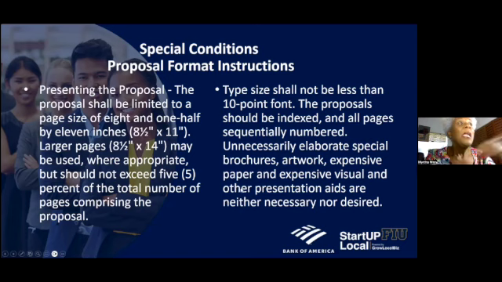It's so important. We have seen proposals that we've received that they put in those fancy binders with those fancy graphics and visual stuff. Trust and believe, you know what we say? Oh my God, this company could have hired a special consultant to help them word the technical proposal, like a technical writer or somebody, instead of spending money on elaborate special brochures, artwork, expensive paper.